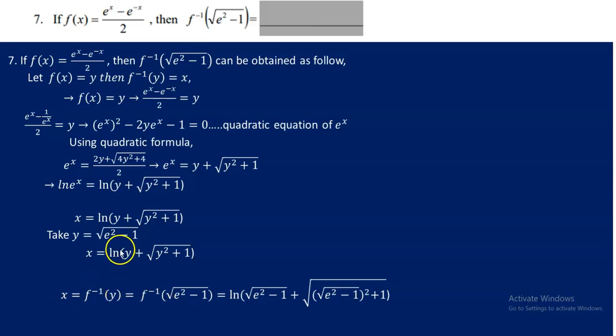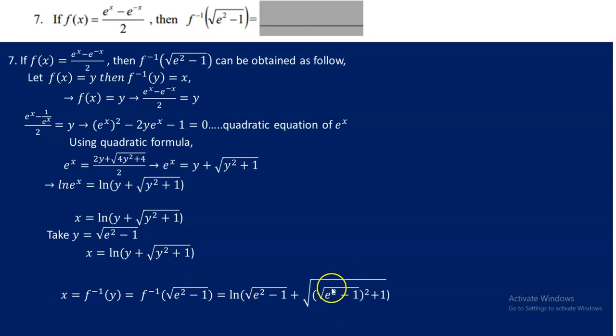In place of y, I'm just substituting this expression, the square root of e squared minus 1. Put this expression in place of y here, and make it a square, so you are free from the radical. Then e squared minus 1 plus 1 can come. Here y is directly taken as it is, but here y has to be squared.